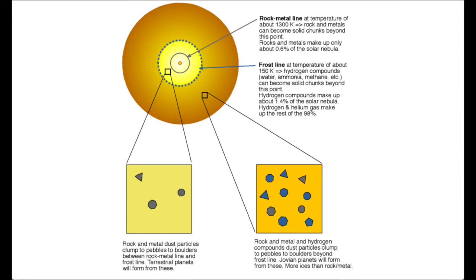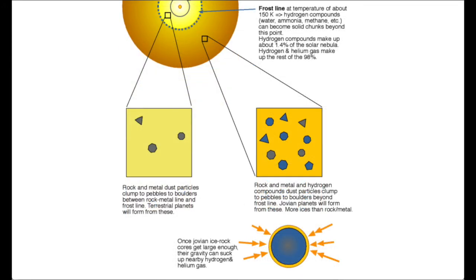At the frost line, or snow line, the temperatures fell below about 150 Kelvin, so the more abundant hydrogen compounds, water, ammonia, methane, etc., could form particles along with the rarer rock and metals that would clump to pebbles, to boulders, to planetesimals to form the cores of the Jovian planets.